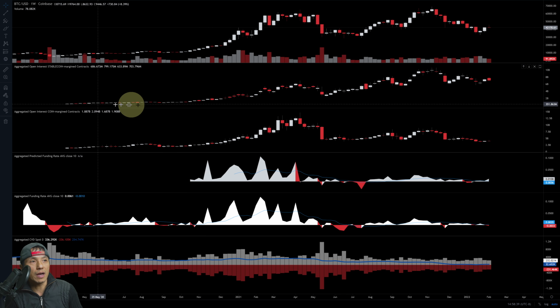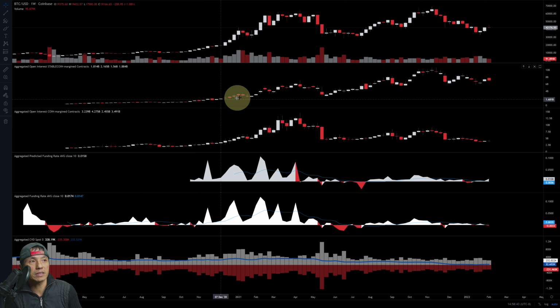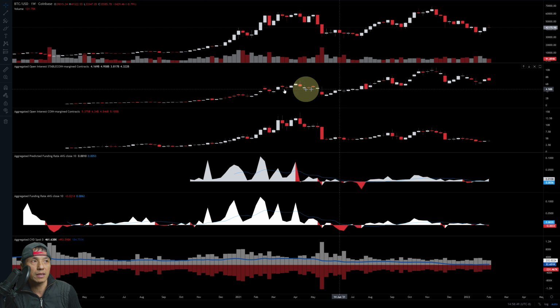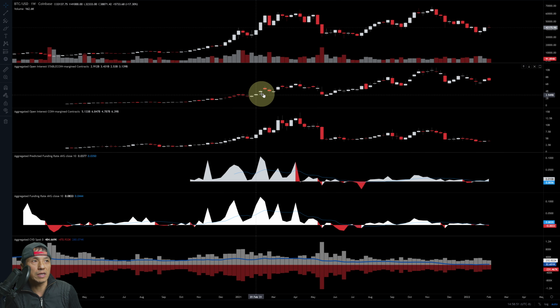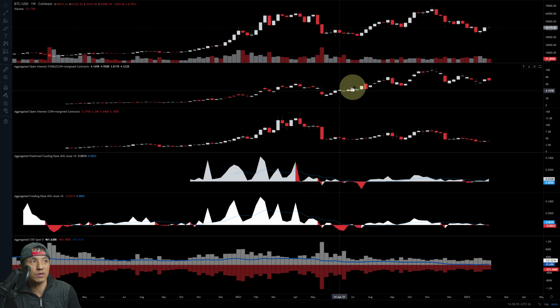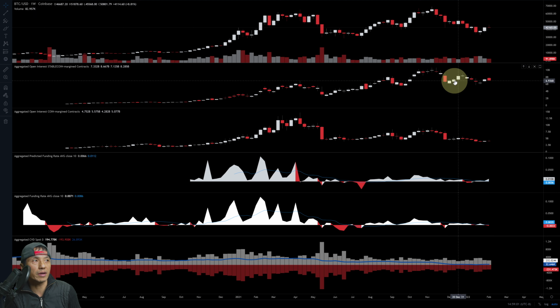As open interest using stablecoins increases, it pretty much follows the price line, but in a more leveled out way. You see that? It increased as Bitcoin's price increased, and it drops when Bitcoin's price drops. So there's correlation there, except for this period here and a couple other periods. But in general, they correlate.